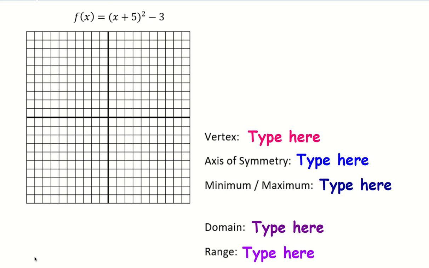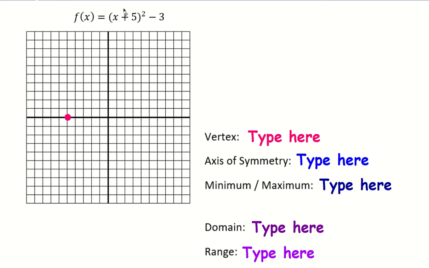All right, last example, I think. It looks like this one, compared to just y equals x squared, this plus 5 would have you shift to the left 5.